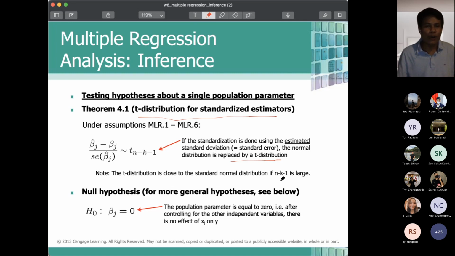1 is large. What is n minus k minus 1, everyone? Remember, what is n minus k minus 1? What do we call it? Does anyone remember? What do we call n minus k minus 1?